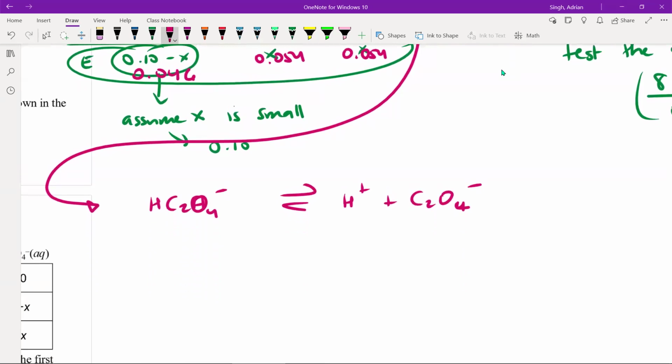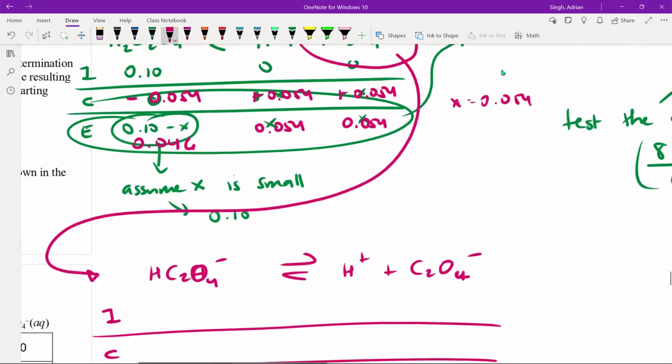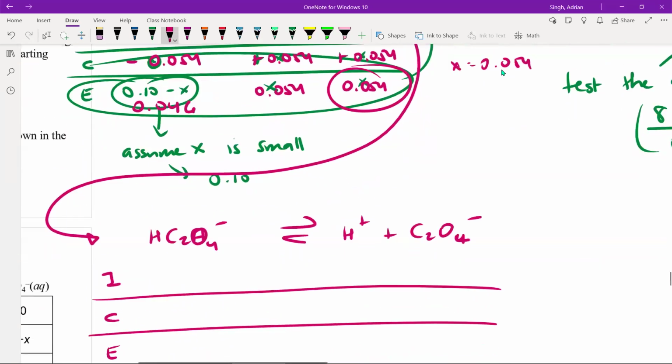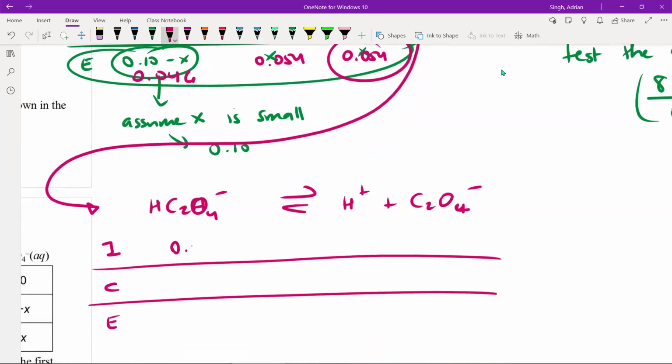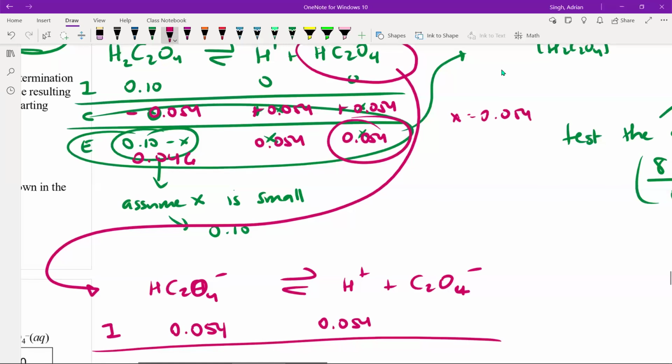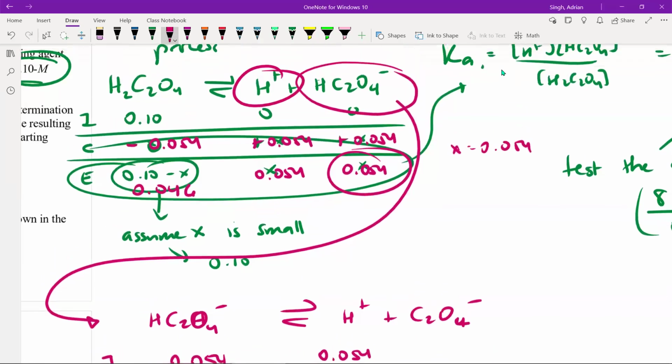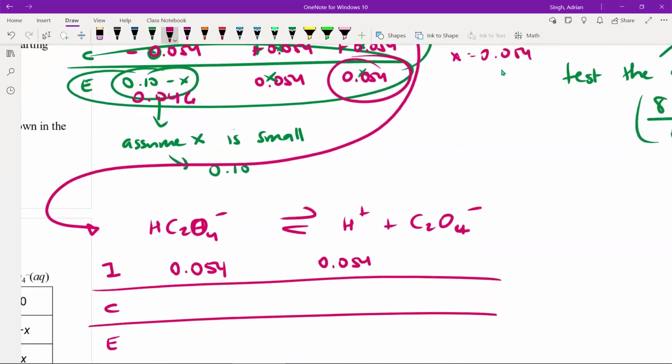We know that this starting concentration initially is going to be what we just calculated, 0.054 molar. And we still have also our H plus concentration, 0.054, right? That was produced from up here. We don't have any of the C2O4 2 minus, so that's 0 to start with.